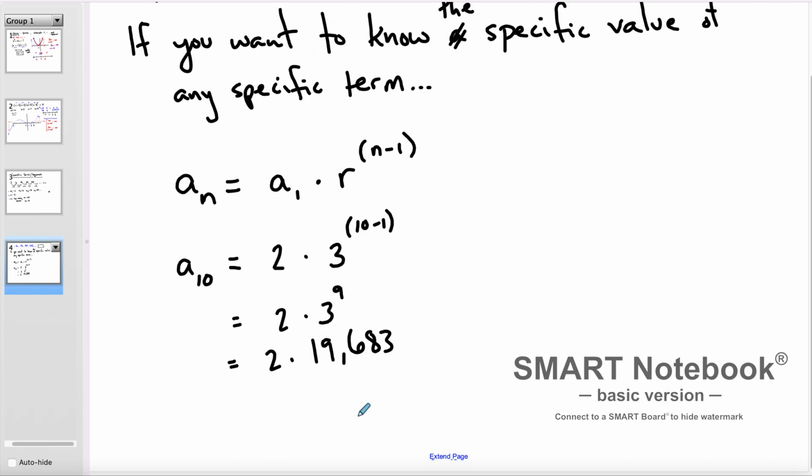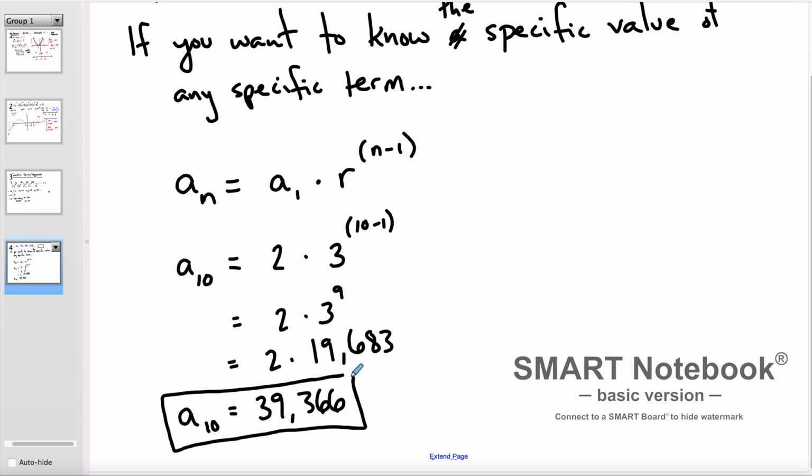Times 2, and we're left with, well, our 10th term in this series is 39,366, right? So we've gotten pretty high in just 10 terms.